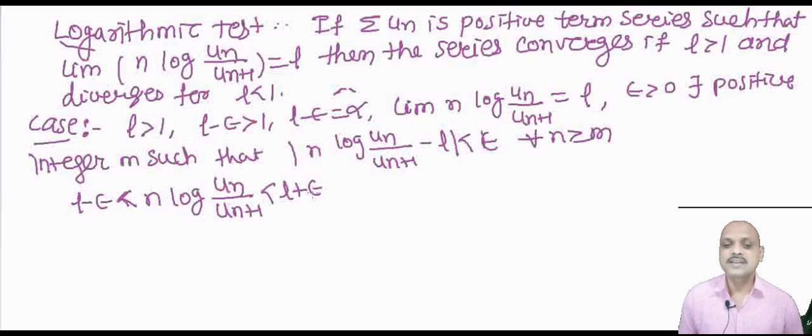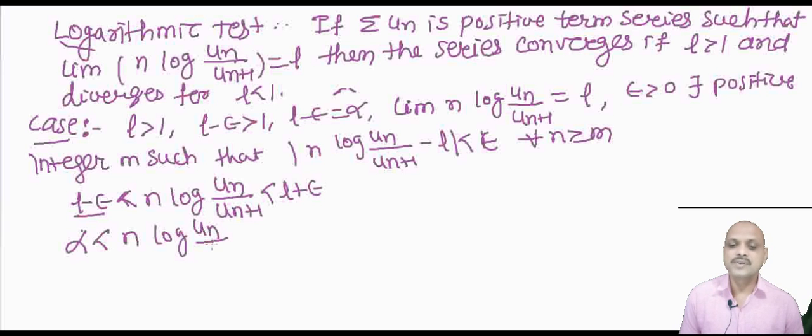We are discussing L greater than 1, and we have taken L minus epsilon equal to alpha. So we consider the first part of this inequality, with L minus epsilon written as alpha. So alpha is less than n into log of un divided by un plus 1.